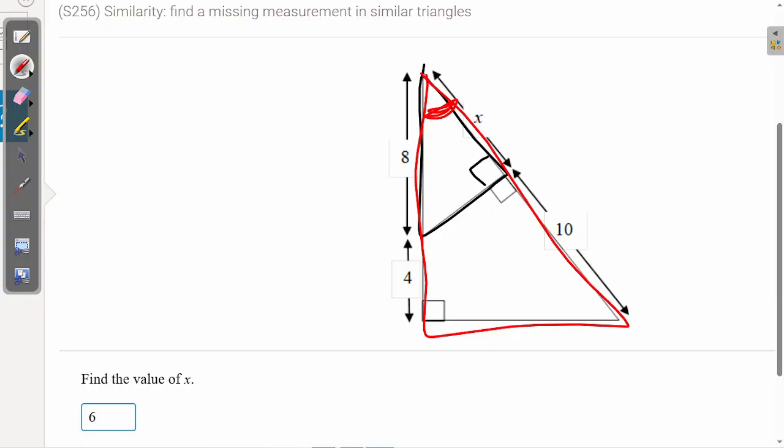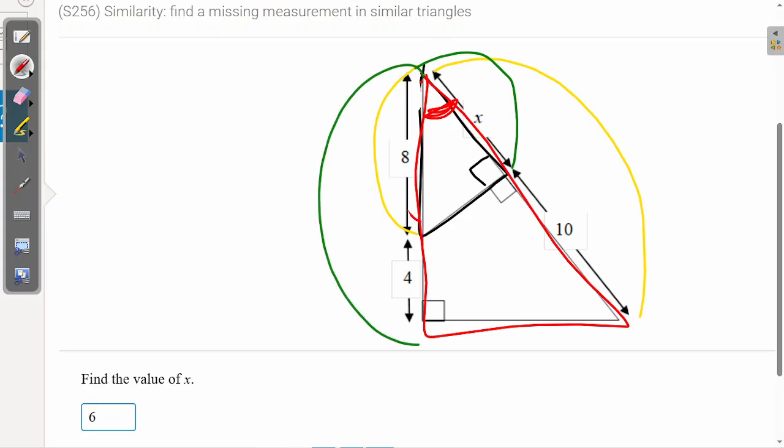We have a common ratio. So let's do hypotenuse over hypotenuse, then this leg over this leg.